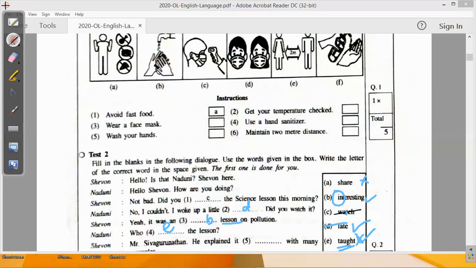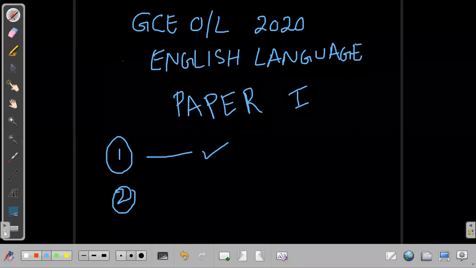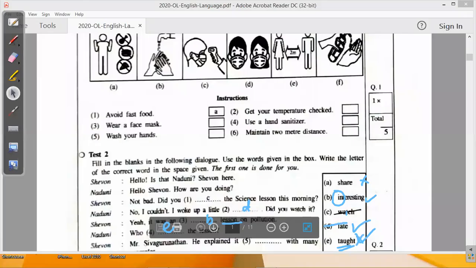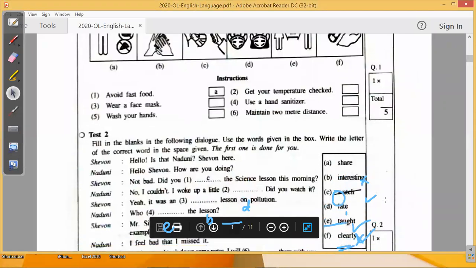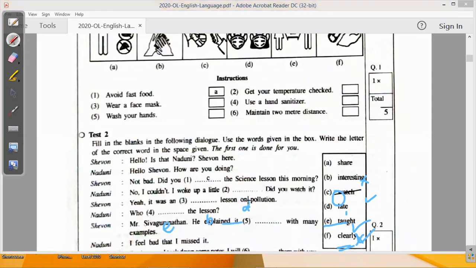Okay, let's go to the sheet, and the question 2 is done. I think we have left one, have we? Let's see. Yes, we have left one. Yeah, let's try and answer that now, right? Right, who taught the lesson, right? That's done and dusted. Right, okay.